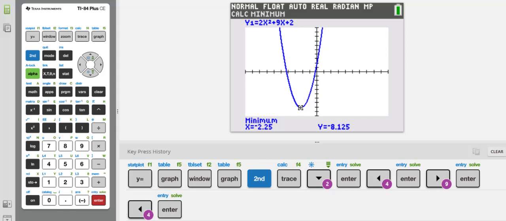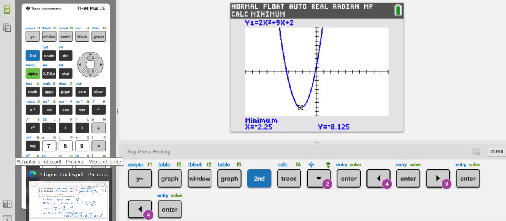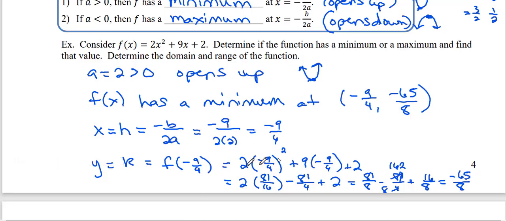Let's go back over to our notes and see if these numbers are equal to what we got. Negative 2.25, oh, yep, negative 9 over 4 is the same thing as negative 2 1/4, or 2.25. Negative 65 over 8 would be negative 8 1/8. Well, 1/8 is 0.125. So we do have the right numbers here, despite their ugliness.